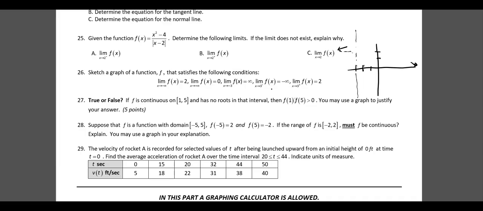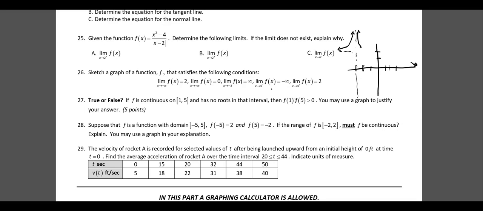As I go to -3, and that's from both sides, it goes to infinity. As I go to 3 from the... hold on, that's -3. Oh, that's 3. As I go to 3 from the left, I go to negative infinity.